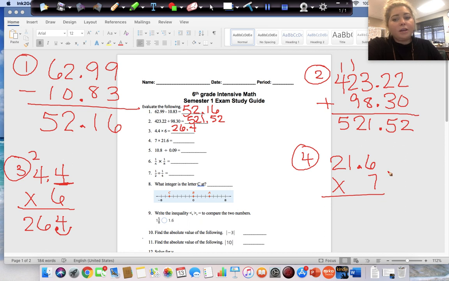Again, when you're multiplying, you do not have to line up your decimals. So 6 times 7 is 42, carry your 4. 7 times 1 is 7, plus 4 is 11, carry your 1. 7 times 2 is 14, plus 1 is 15, and you have one decimal place, so we're going to start at the back and move our decimal place over one time. So our answer is 151 and 2 tenths.